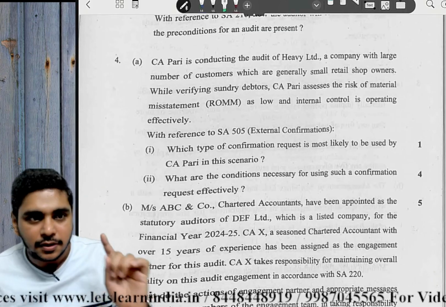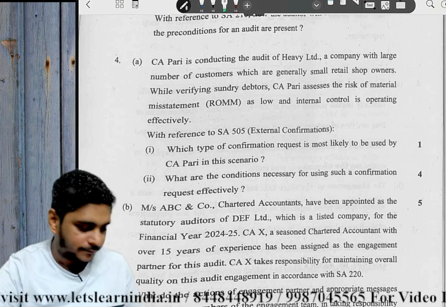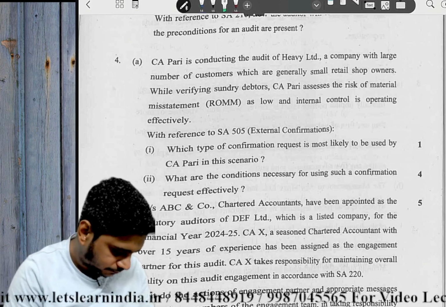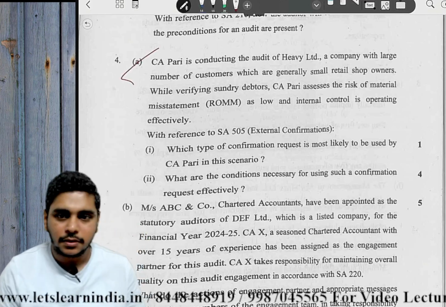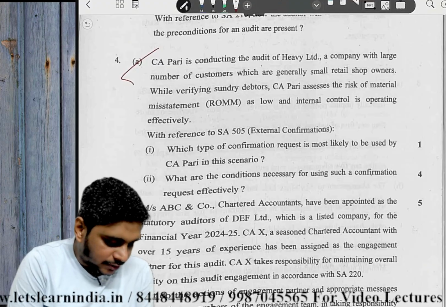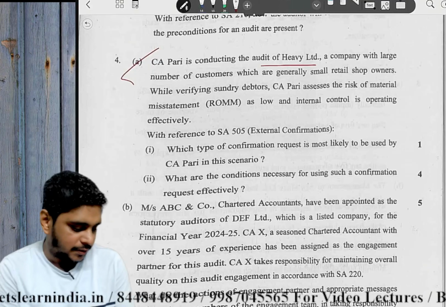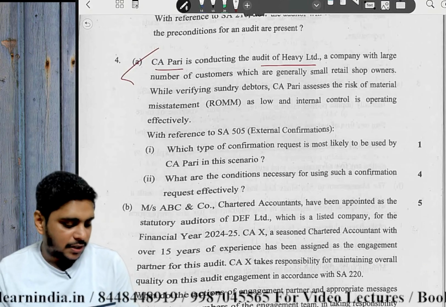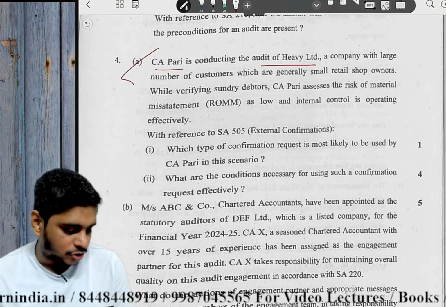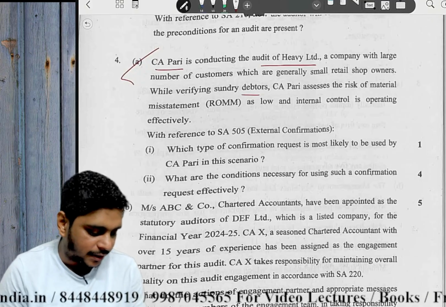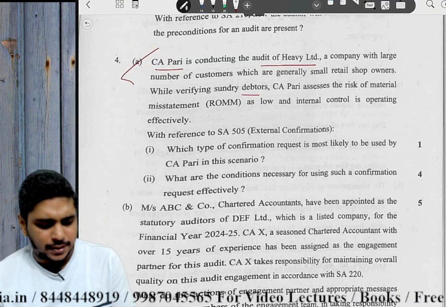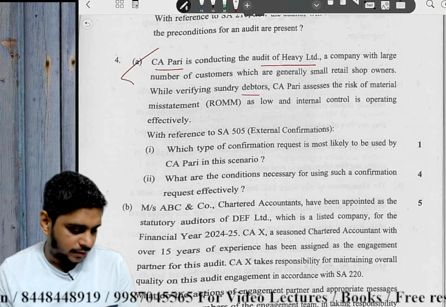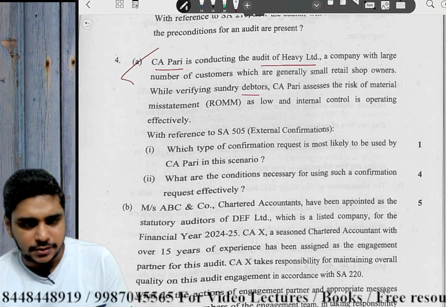Now see, question number 4A. CA Pari is conducting the audit of Heavy Limited. So it's a company, this is a CA. A company with a large number of customers which are generally small retail shop owners. While verifying the data, CA Pari assesses the risk of material misstatement as low and internal controls operating effectively.